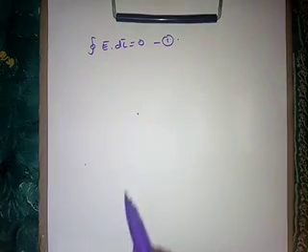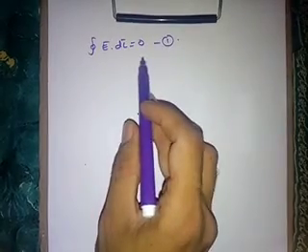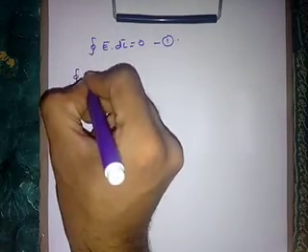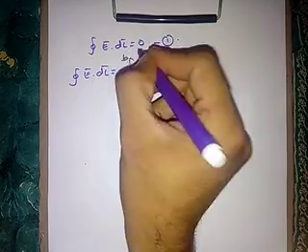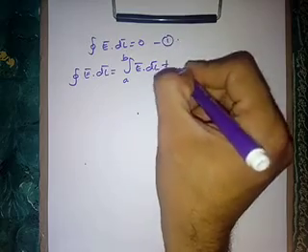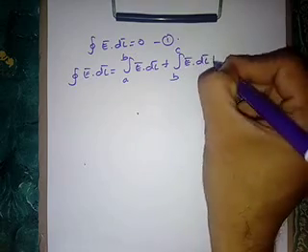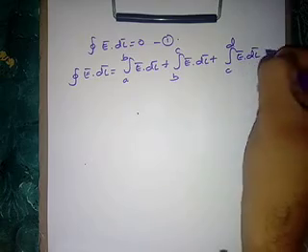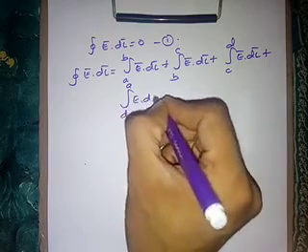The closed integral of E bar dot dl bar equal to 0 will be divided as follows: integral A to B of E bar dot dl bar plus integral B to C of E bar dot dl bar plus integral C to D of E bar dot dl bar plus integral D to A of E bar dot dl bar.